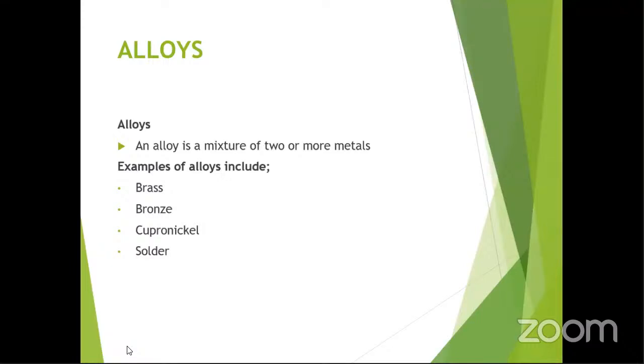There must always be two metals mixed together to get what we call an alloy. And when you're giving the answer, at least put this metal and this metal. Let's take, for example, copper, zinc, and tin gives you bronze.